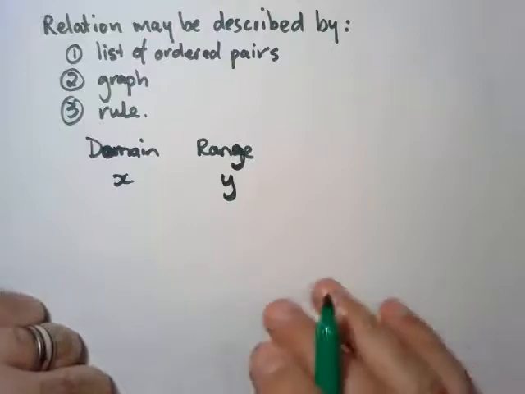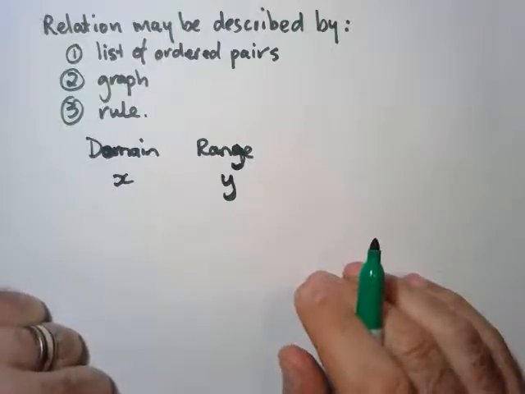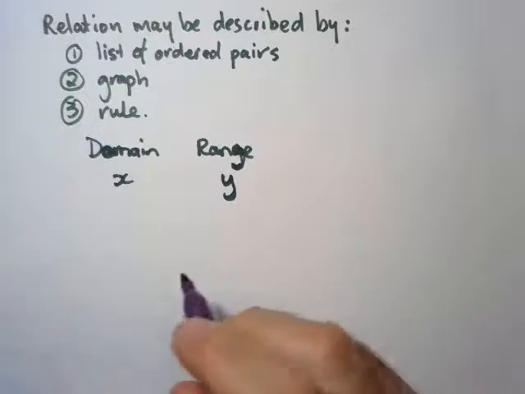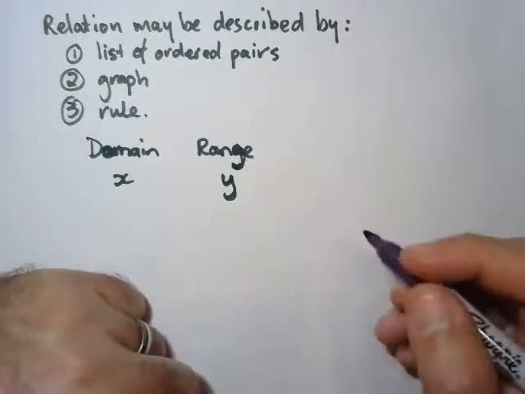So when I have a rule, let's say a relation looks like that, and it doesn't always look as complicated as this, but a relation can be given in the following form.